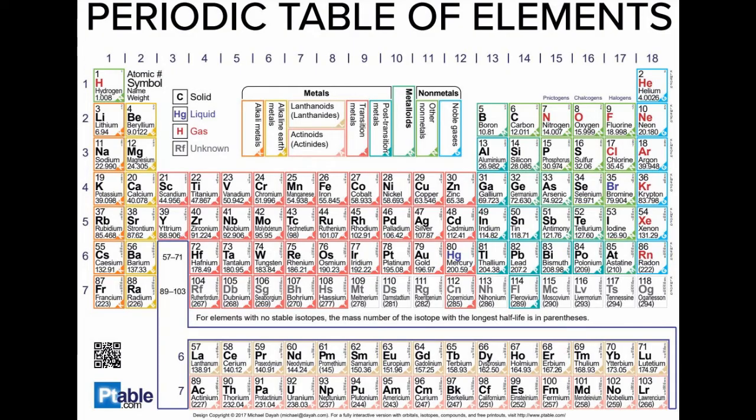Right now you're looking at our periodic table, and this is a great periodic table. It's ptable.com, and it actually tells you, for example, for hydrogen, the ionization energy. It gives you exact numbers, but we're not going to talk about numbers.